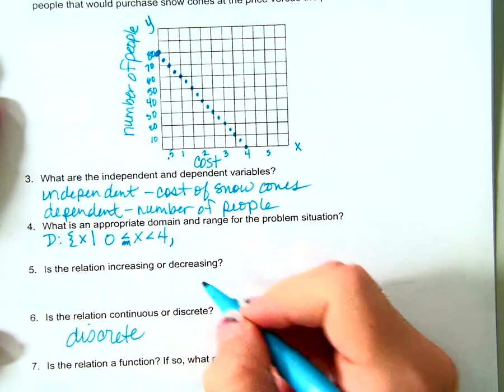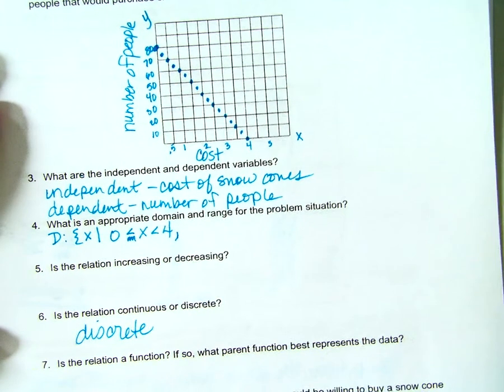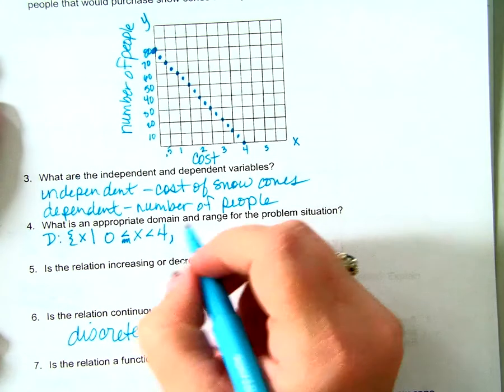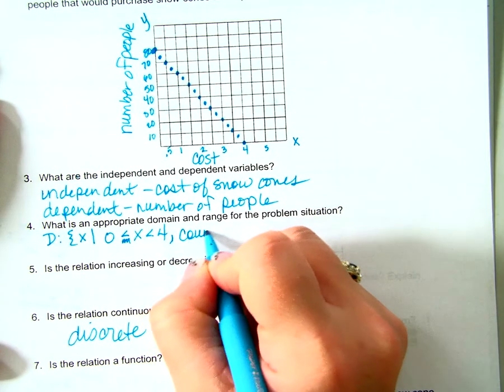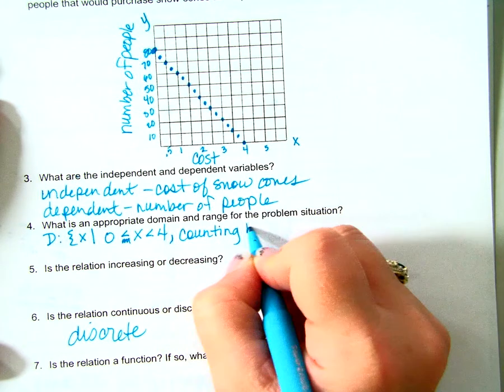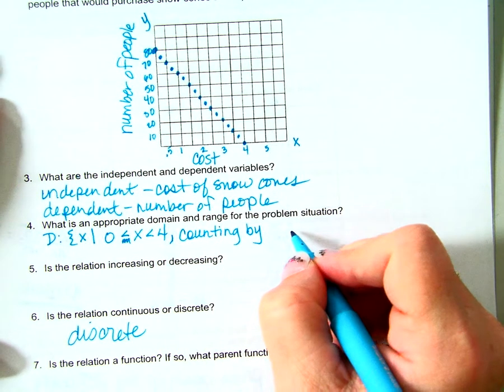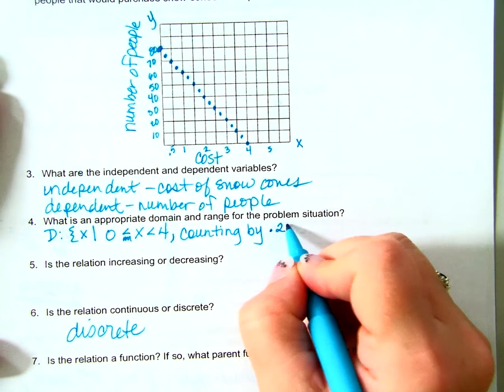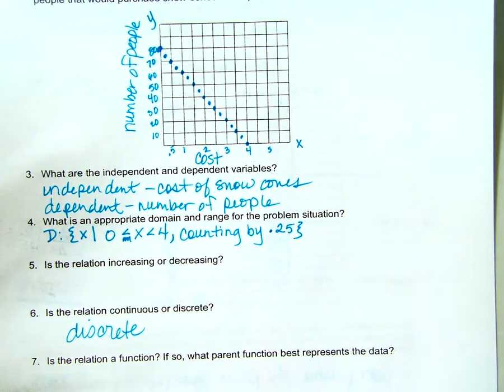So what I have to do is put a condition on it. And the condition I'm going to put on it is counting by what? 0.25. Counting by 0.25. Okay? Any questions about that?